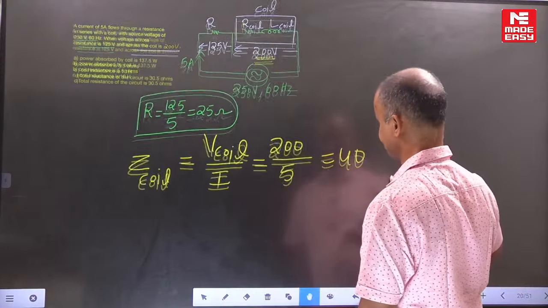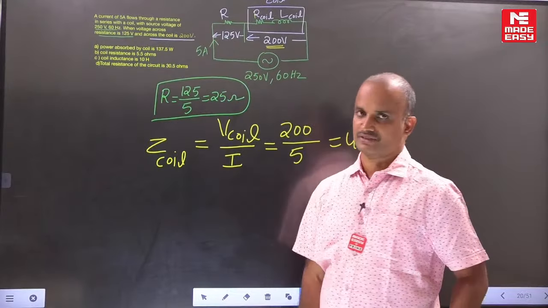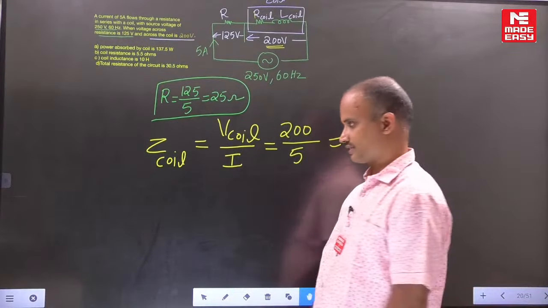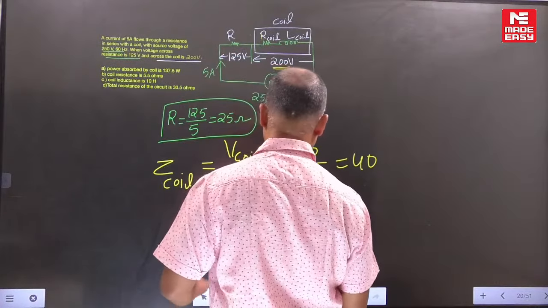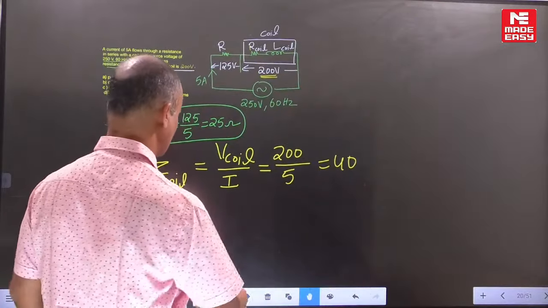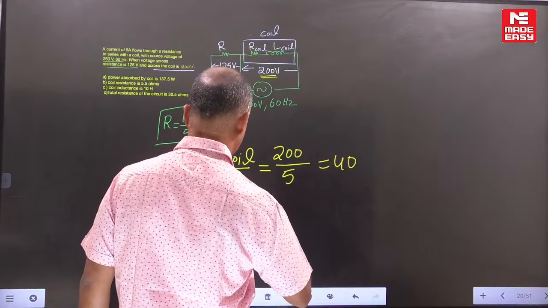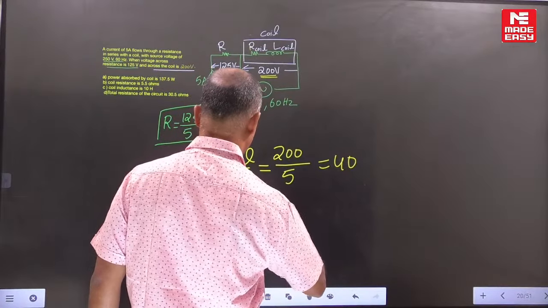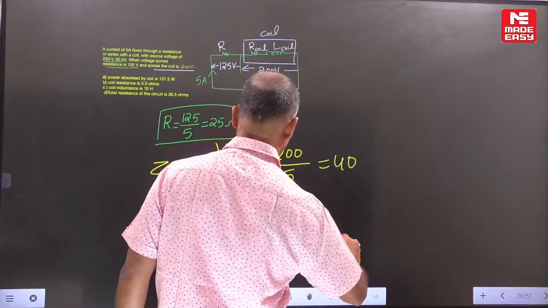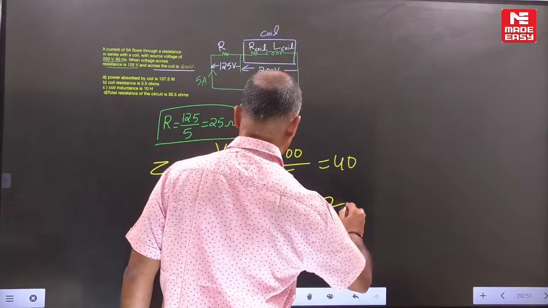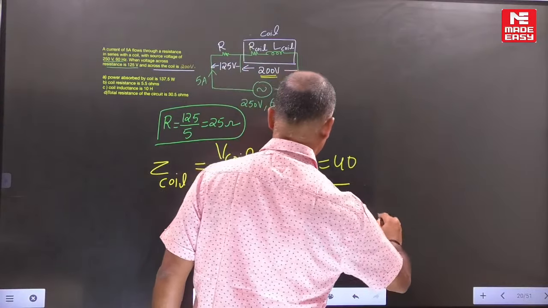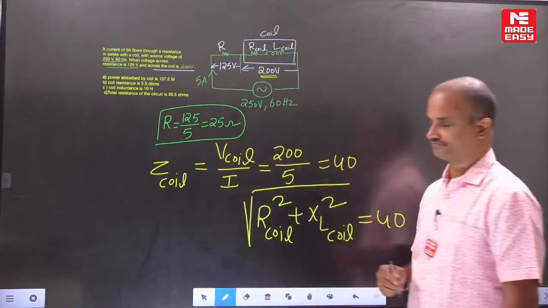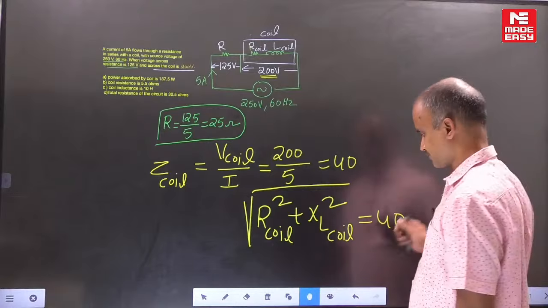Now corresponding to this impedance, can you do the expansion here? We can write Z equal to root of R square plus X square.